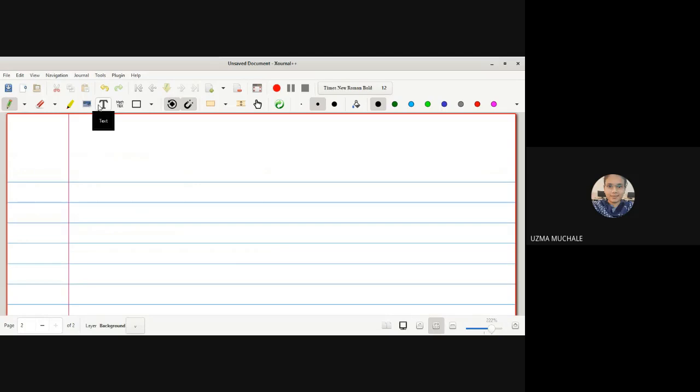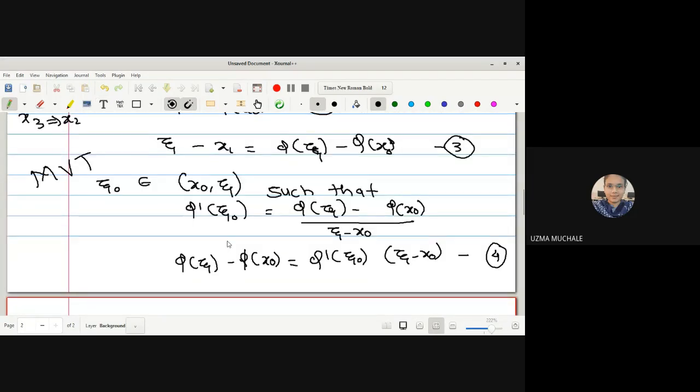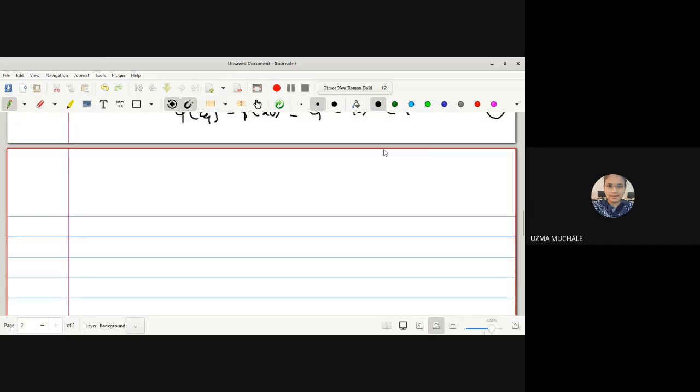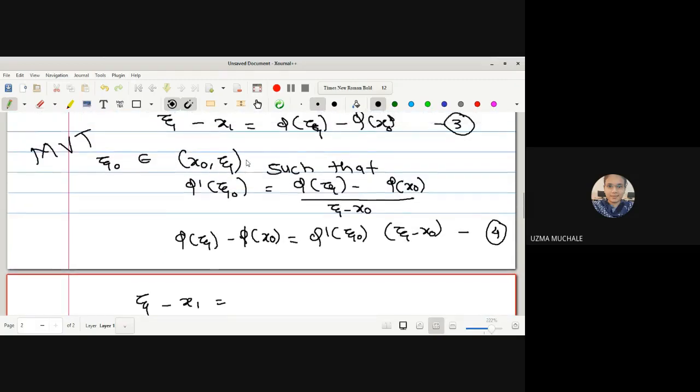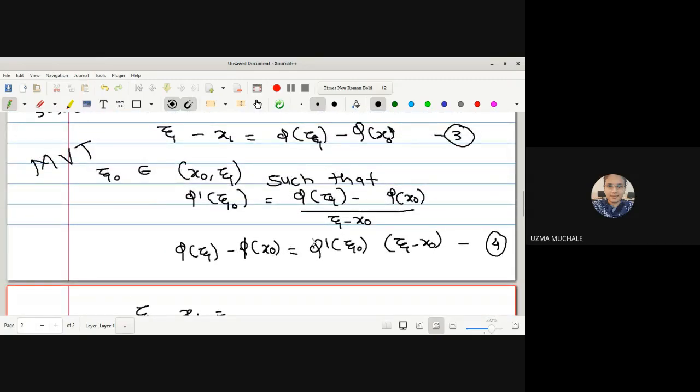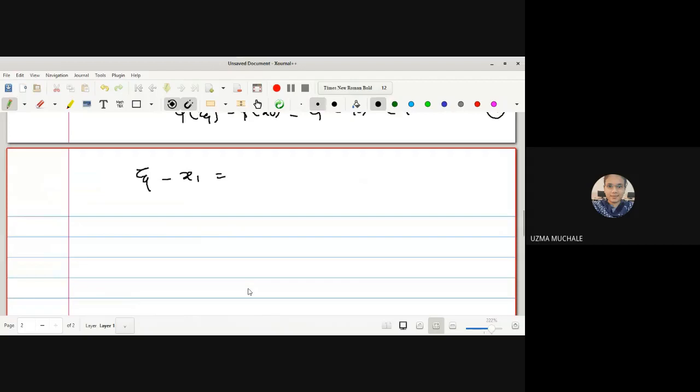Now, using equation 4 in equation 3, this side we have to put in equation 3, and we get zeta minus x1 as it is equal to the value of phi of zeta minus phi of x naught. We have to substitute this as phi dash of zeta naught into zeta minus x naught.